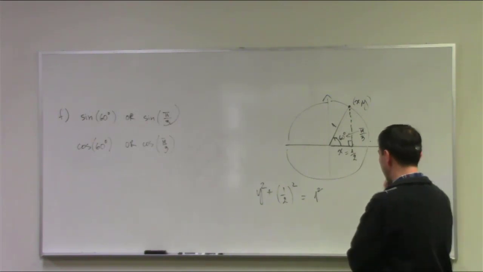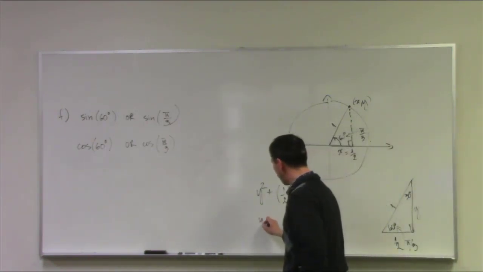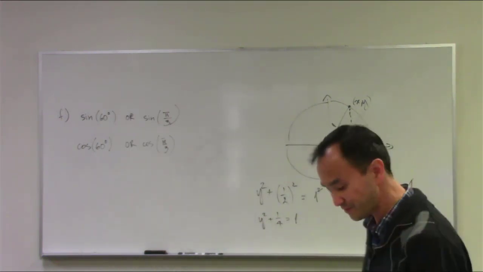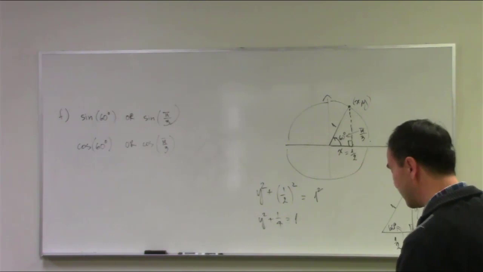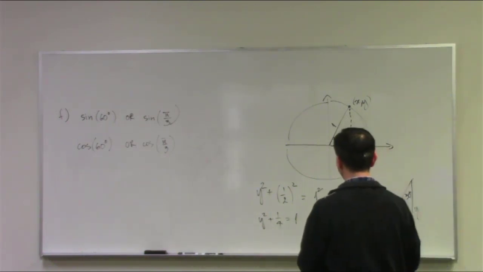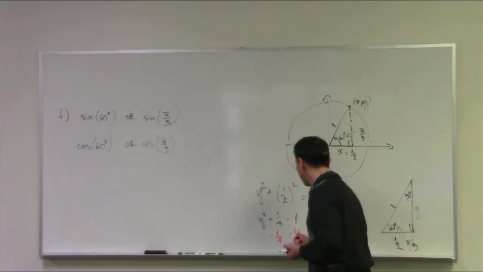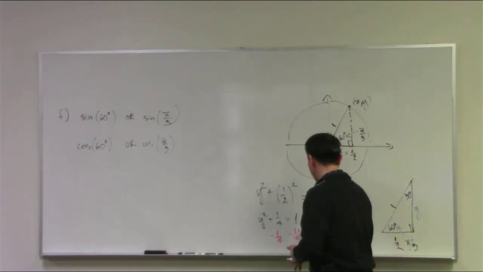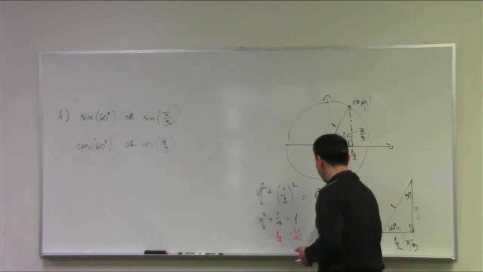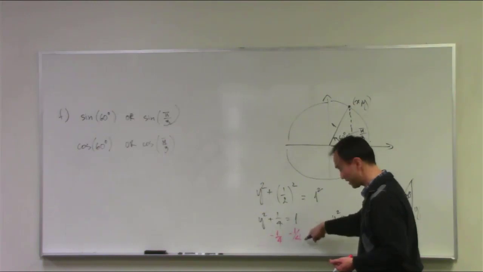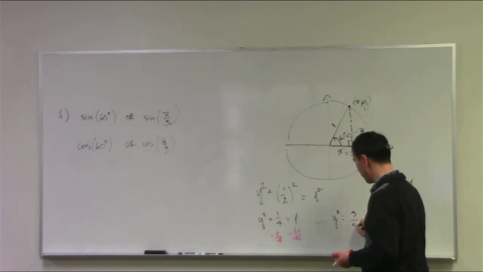So a little further, we're looking at y squared plus 1/4 equals 1. Now we subtract 1/4 from both sides. That leaves me with y squared equals 1 minus 1/4, which gives me 3/4.